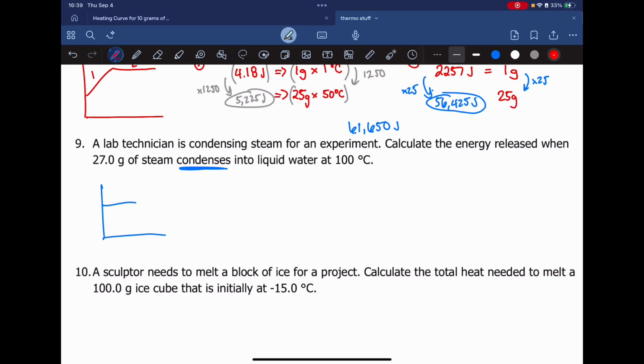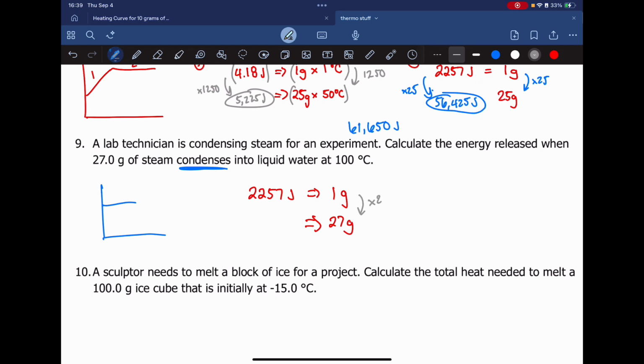The reason I say that is because we know that 2257, which is our heat of vaporization, is the amount of energy released by 1 gram of steam condensing into liquid, and we don't have to worry about temperature change. So this is actually really easy math. We are going from 1 gram to 27 grams, so it should release 27 times as much energy when we condense 27 times as much steam, yes?